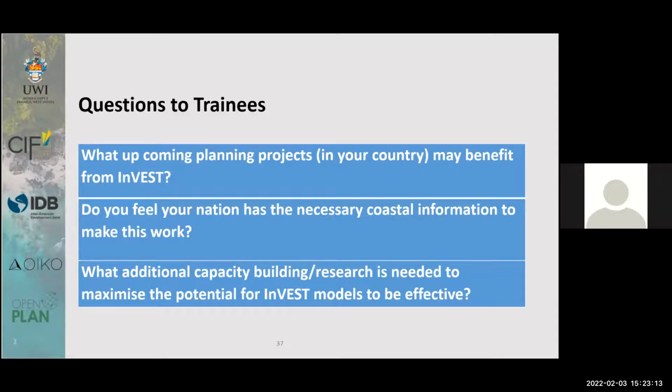So there's a project that's winding up now that was looking at vulnerability and risk assessment for 5 sectors in Jamaica.